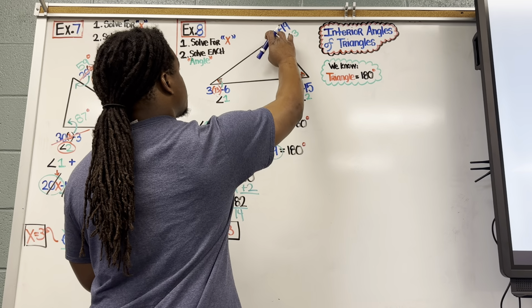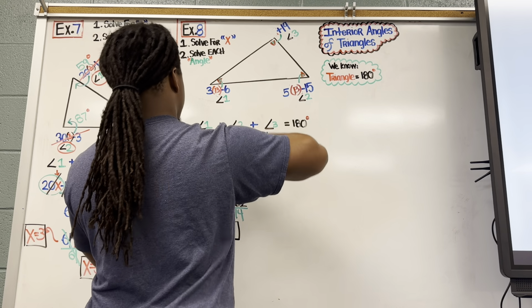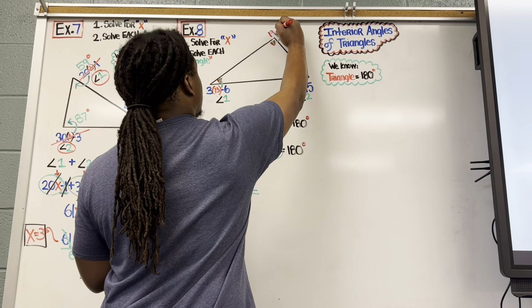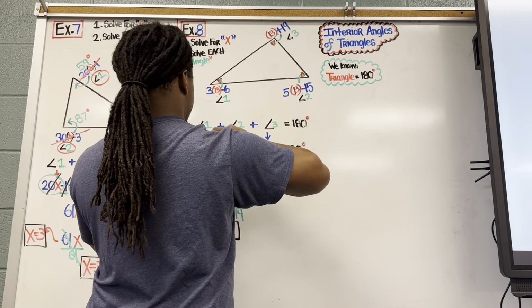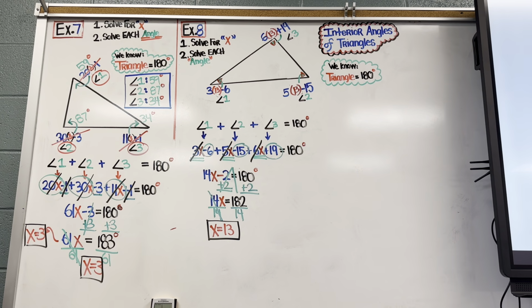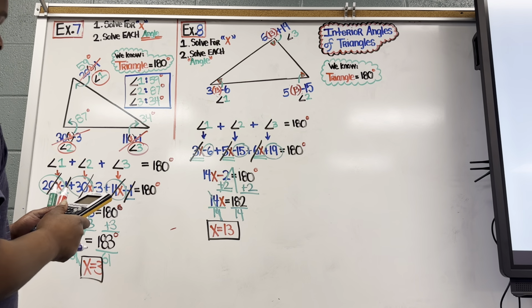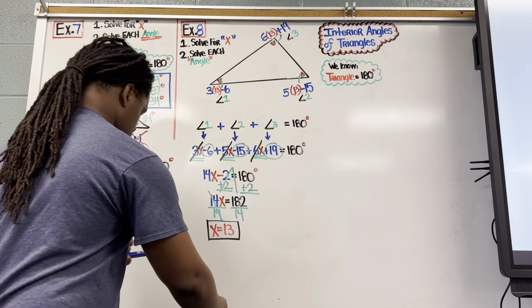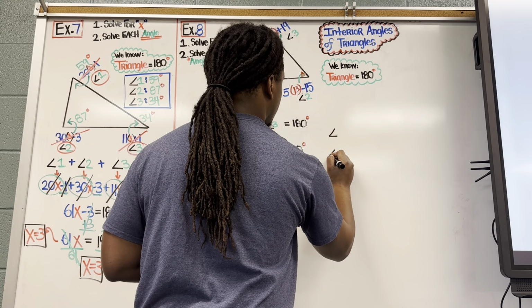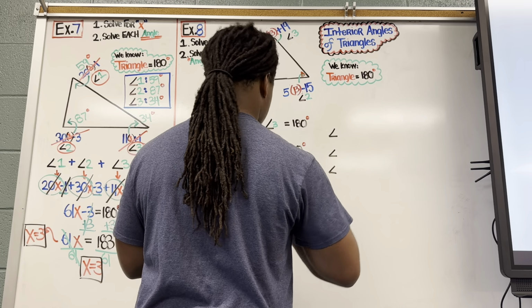And up here, it's gonna be 6 times 13 plus 19, okay? All right, so I've updated each expression with the actual value of x. So let's go ahead and solve each angle, okay? So we're gonna go ahead and start off with angle 1, and then we're gonna do angle 2, and then we're gonna do angle 3, okay?